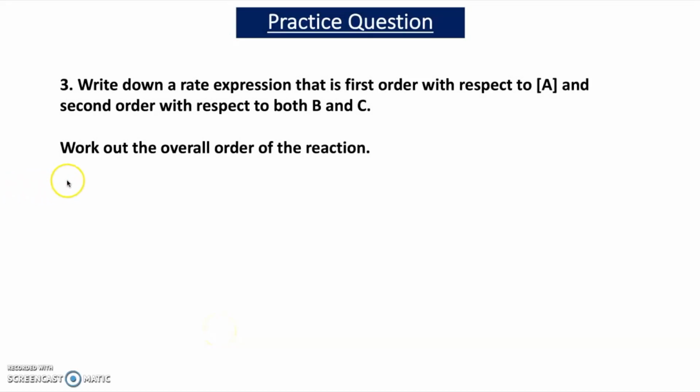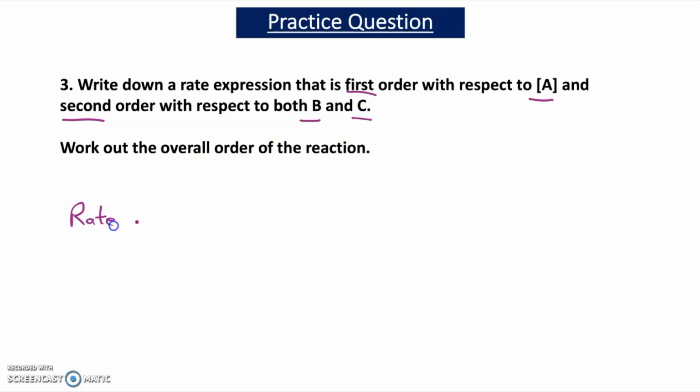So this question is asking us to write a rate equation for the following reaction where it's first order with respect to the concentration of A and second order with respect to both B and C. So we use this information to write the rate equation.